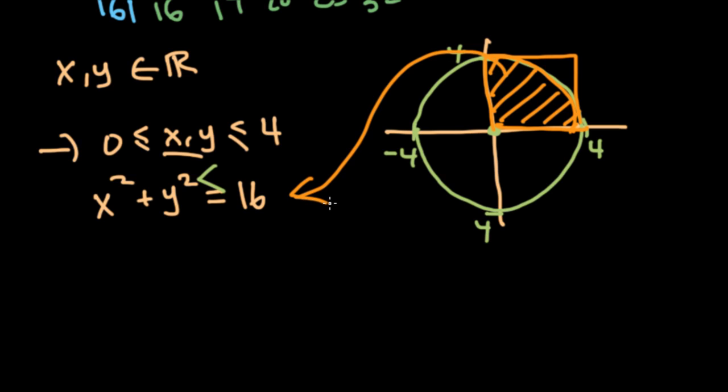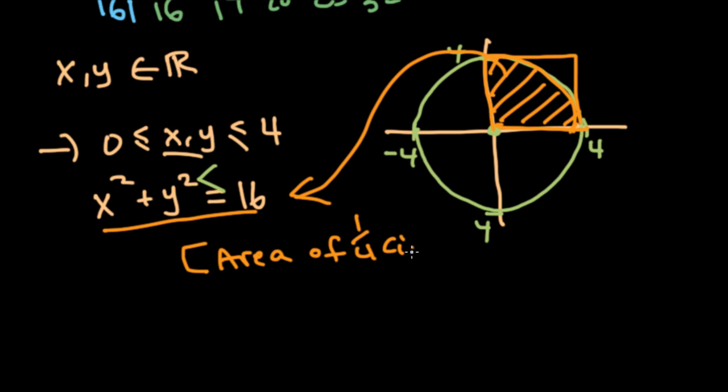because this area represents this. So again, using probability, the possible outcome for when this is true is the area of this sector right here, which is 1/4 of the circle, over the area of the square right here.